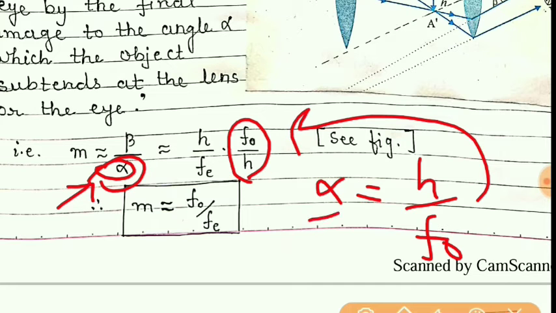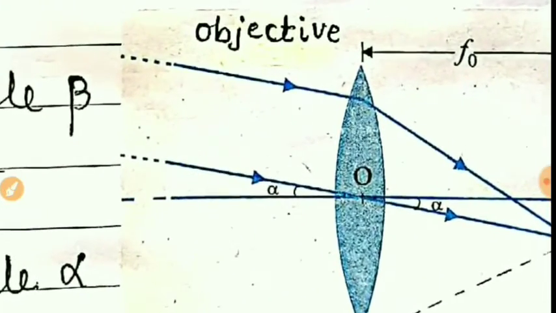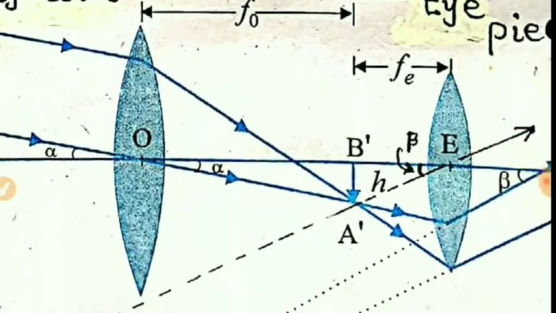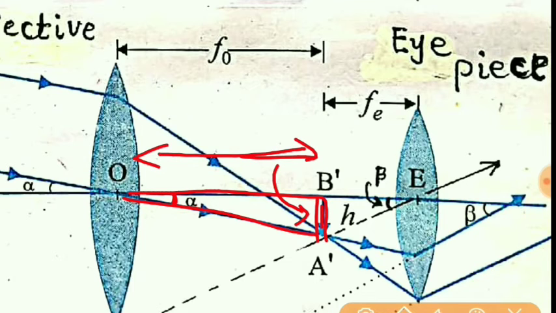Let me show you alpha is h upon fo in the figure. This is angle alpha. So in this triangle it is h upon this distance, that is fo.